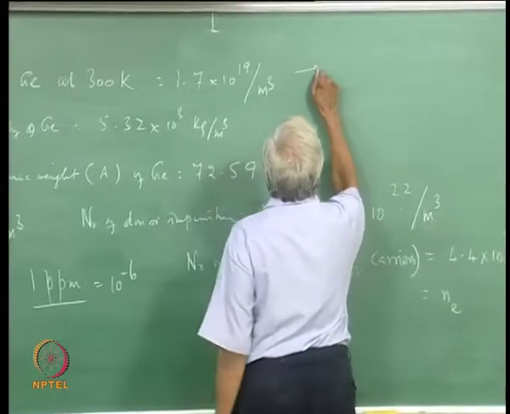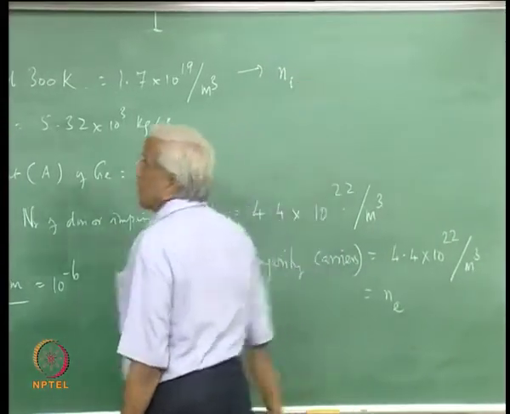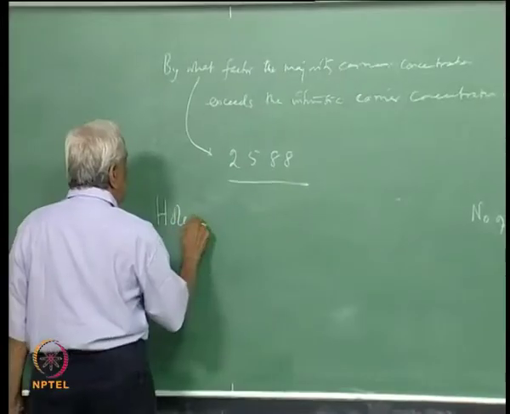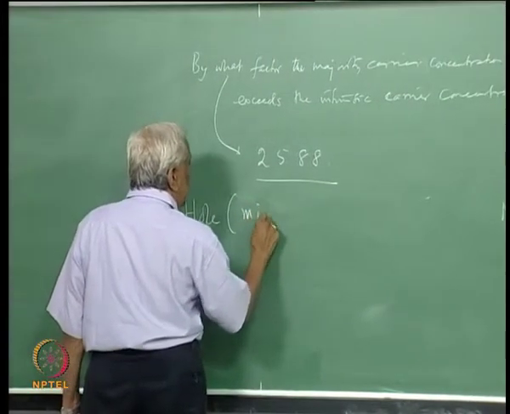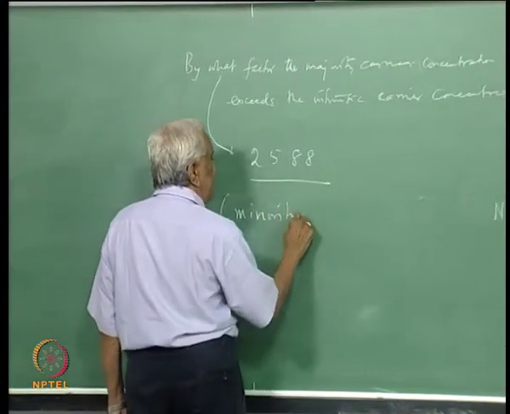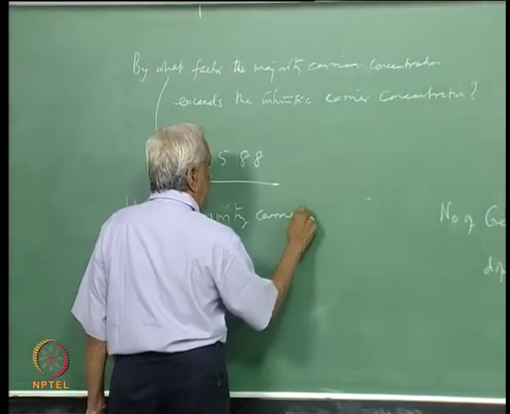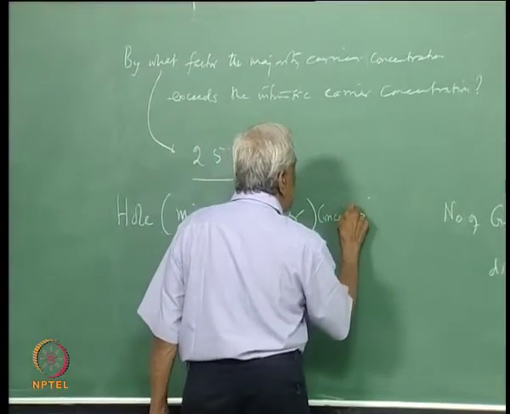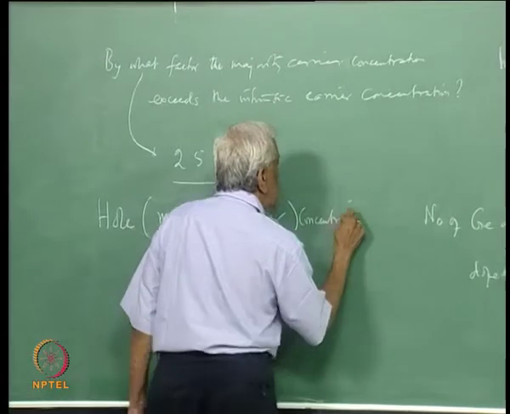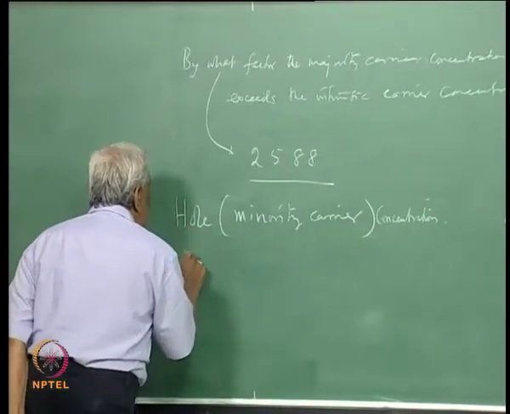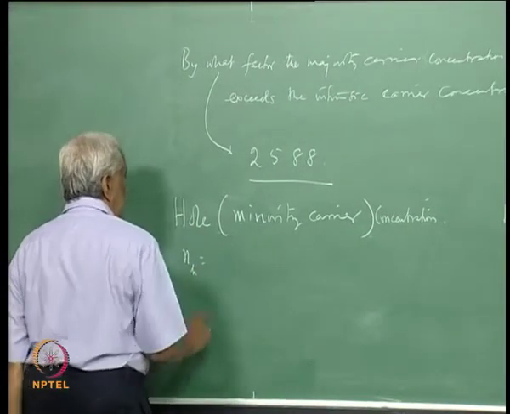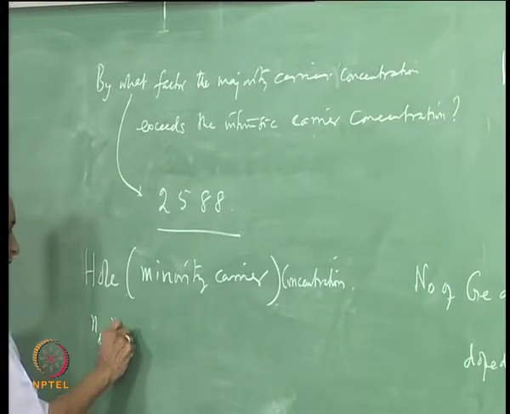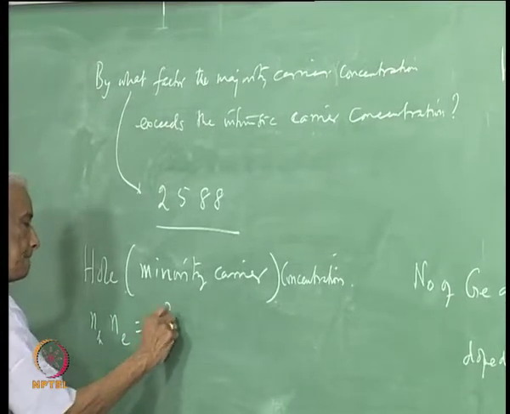This is what we know as Ni, the intrinsic concentration, and therefore the hole concentration, which is the minority carrier concentration, is given by NH, such that NH times NE is Ni square.